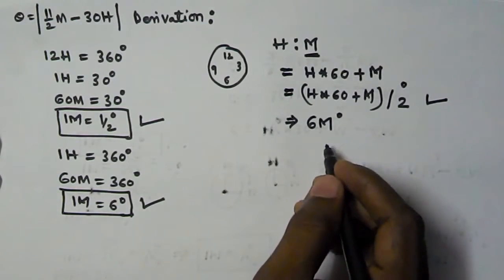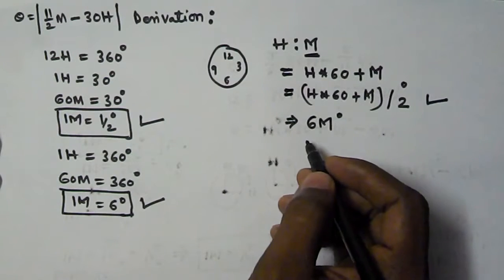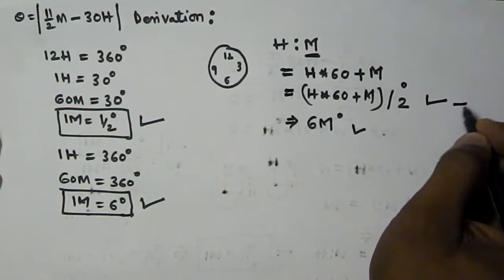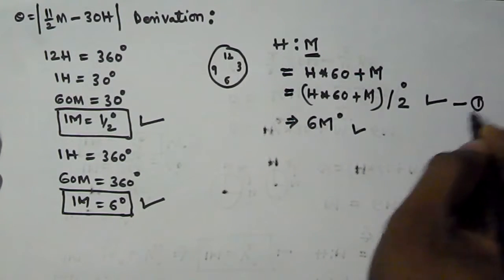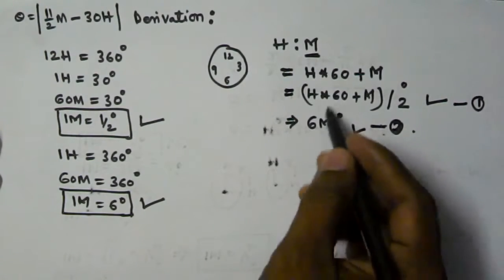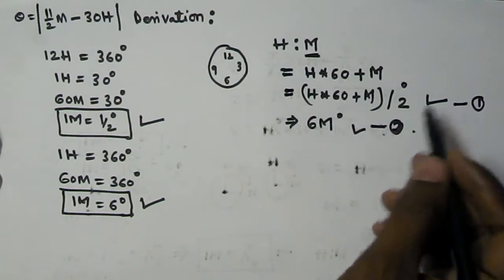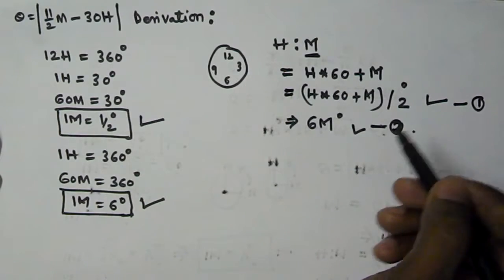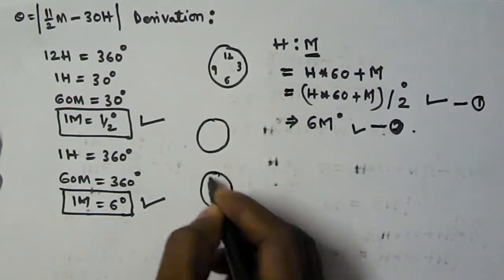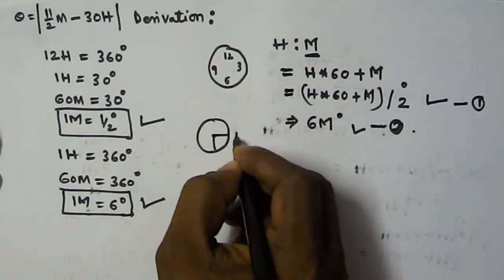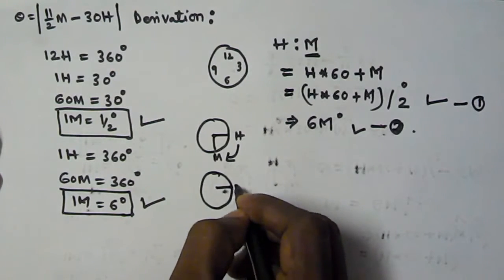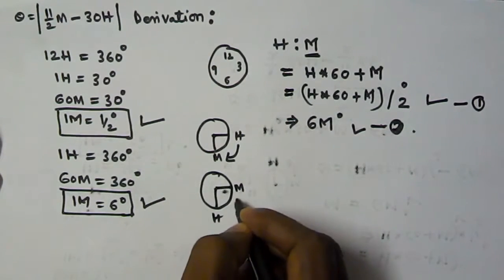Now how do we find the angle difference between these two? We have to subtract one from the other. This is our first and this is our second. When subtracting, you can do 1 minus 2 or 2 minus 1, because on a clock there are two possibilities: the hour hand may be following the minute hand, or the minute hand may be following the hour hand.